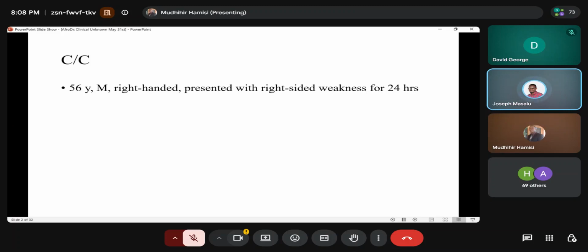Then there are diseases which occur in hours to days. This patient can be in that category, because over 24 hours maybe it progressed, first hour, second hour, and then 24 hours. In that category, you have infectious processes and immune-mediated diseases of the neural circuit.